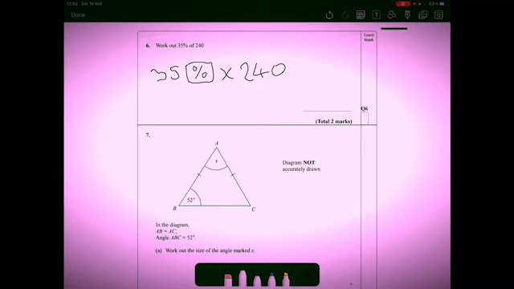Okay, so that should normally work, but my calculator is kind of working in a bit of a different way at the moment. Another way of doing that should quite simply be the matter of doing 240 divided by 100 to find 1%, and then you would times that by 35, which will give you 84.